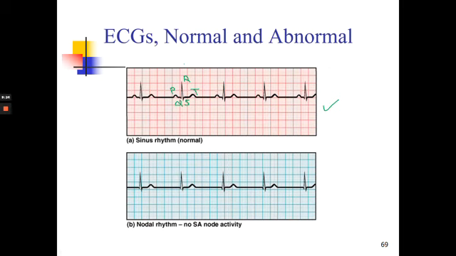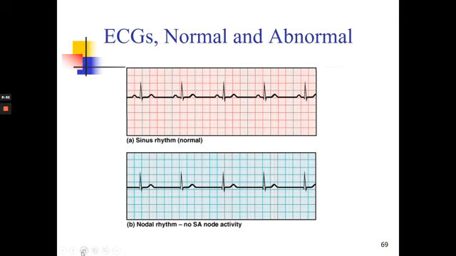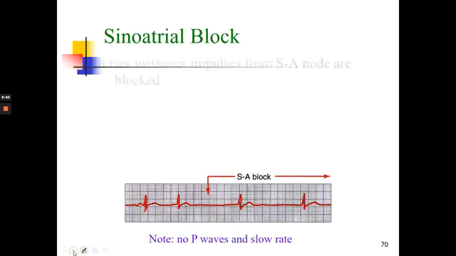This is nodal rhythm. No SA node activity, no P wave here. This can be due to atrial fibrillation, or there is no SA node activity. You look at the P wave.